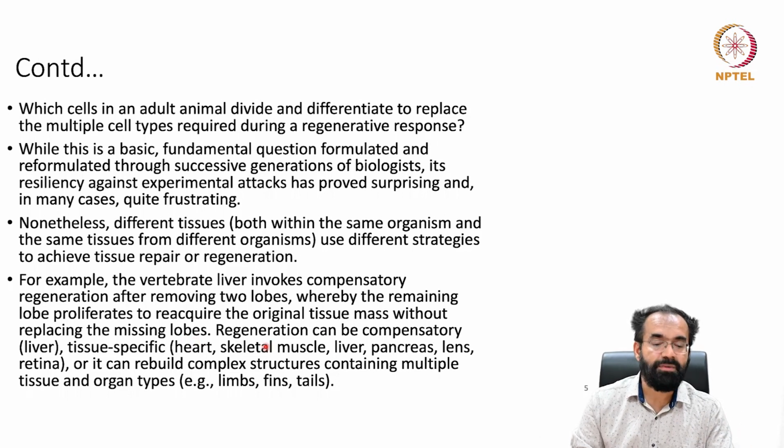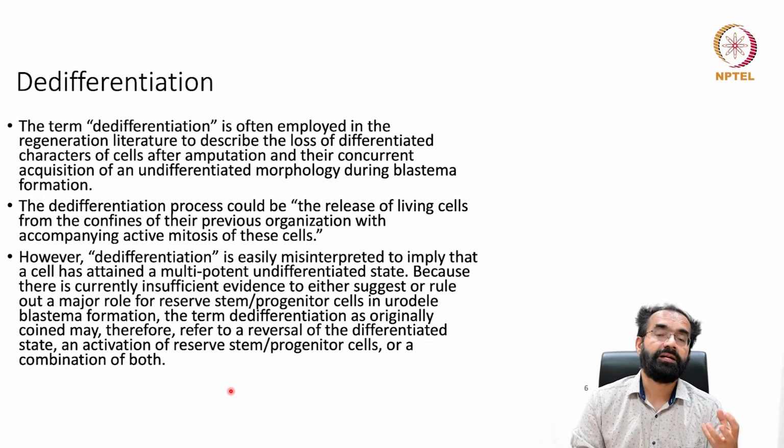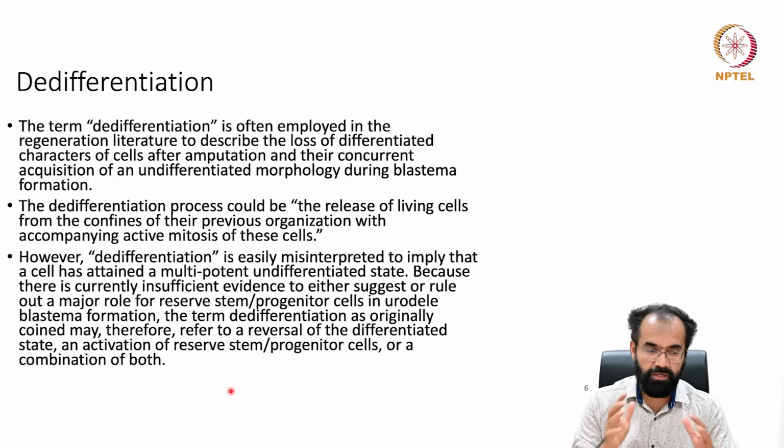So regeneration can be compensatory in the case of the liver, tissue specific in the case of heart, skeletal muscle, liver, pancreas, lens, retina, etc. Or it can rebuild complex structures containing multiple tissue types or organ types such as limbs, fins, tails, etc. So species vary, organs vary. Accordingly, it can have a different approach for implementing the overall regenerative response.